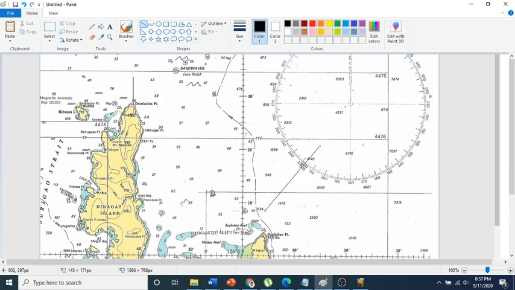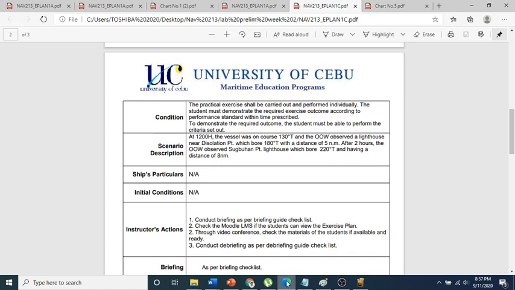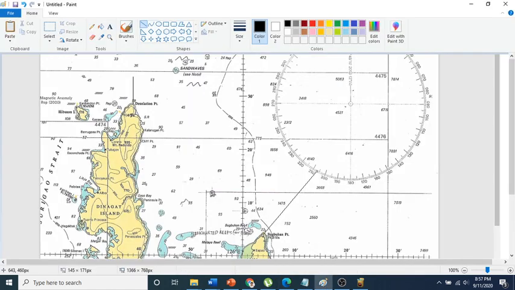It is recommended that you use your compass to measure the distance here, which is 8 nautical miles. You measure the minutes and use the compass to make an arc. However, we don't have a compass in this demo, so we're just going to approximate around 8 nautical miles.